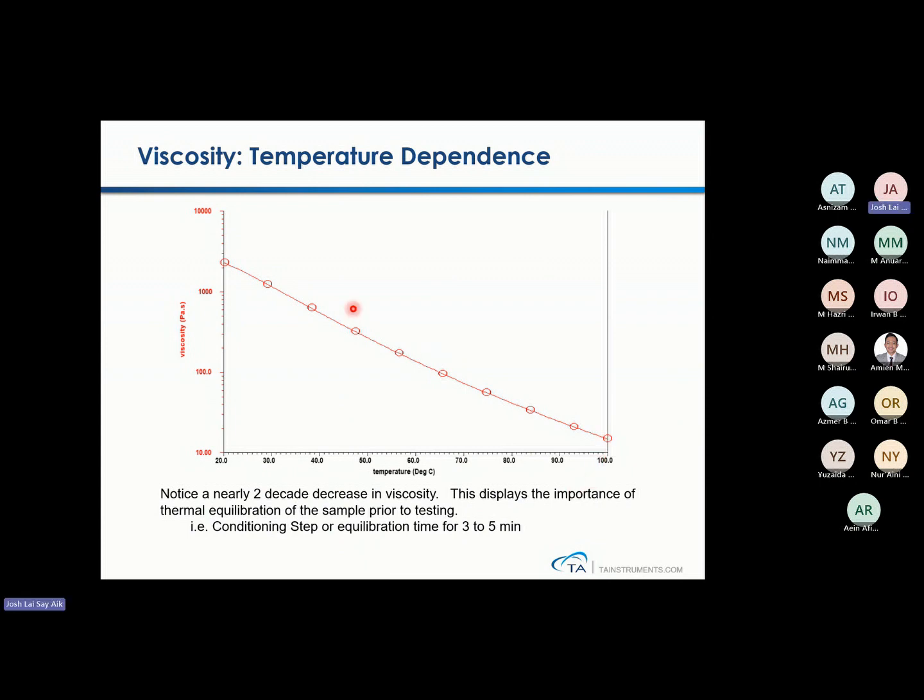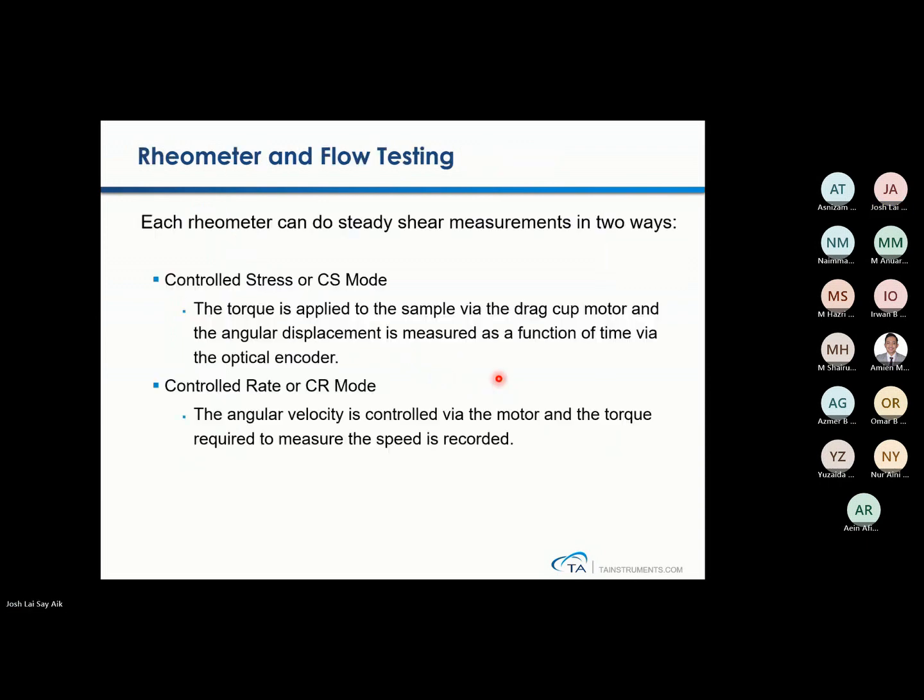This kind of test normally uses a log scale because the change is very high. For rheometers and flow testing, we have a control stress and also control rate system. So in the CSR or DHR system, typically you can control either one of them, either using a shear rate or shear stress.